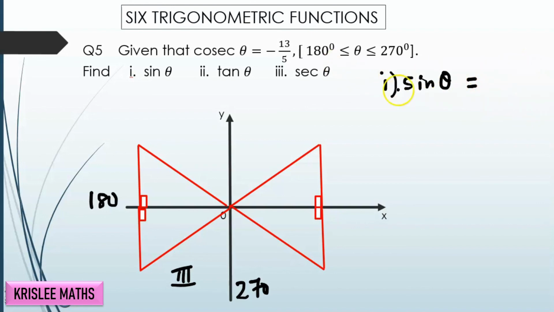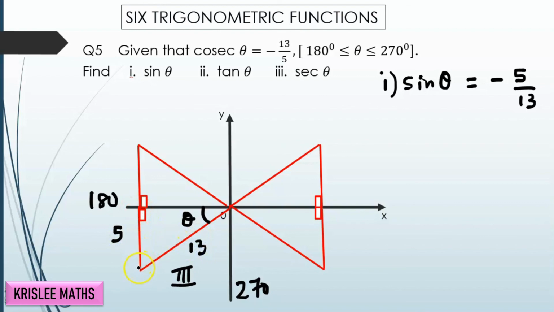Therefore you just invert the value of cosecant, and you'll get sine theta as negative 5 over 13. You know it is in the third quadrant. Identify the theta.